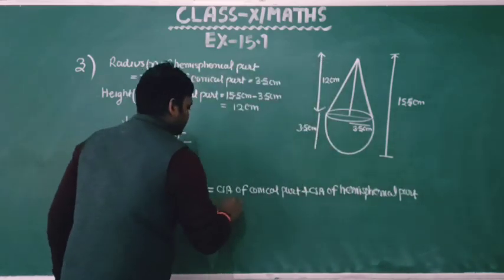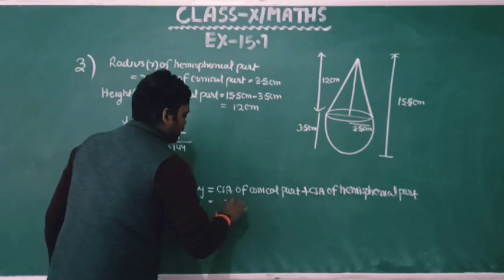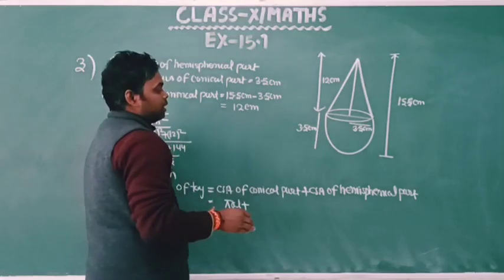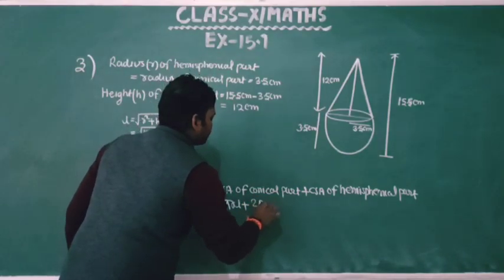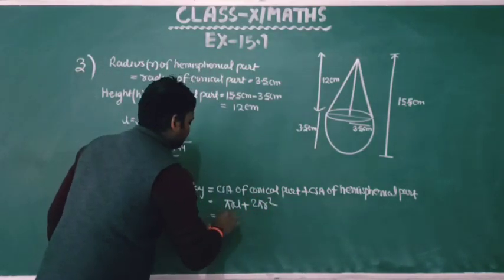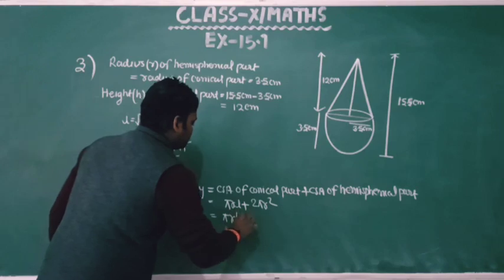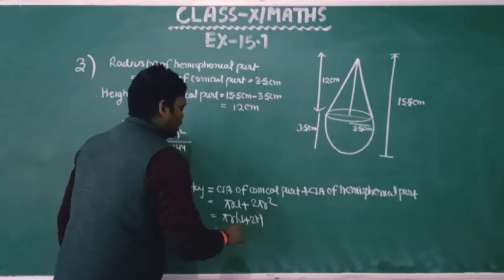So this is pi r l plus the CSA of the hemispherical part, 2 pi r square. Now taking pi r common, this is pi r into l plus 2r.